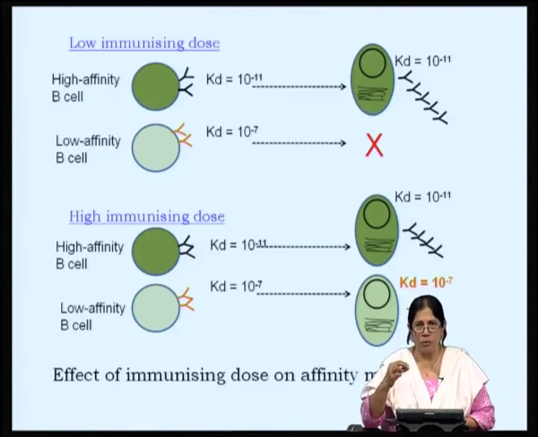So, receptor editing as well as increase in affinity can only happen in those B cells which are T cell dependent. Remember, memory cell generation itself is a T cell dependent phenomenon. So, affinity maturation, T cell dependence, and then maybe if I have time today, I will talk also about isotype switching. All these happen in T cell dependent B cells.